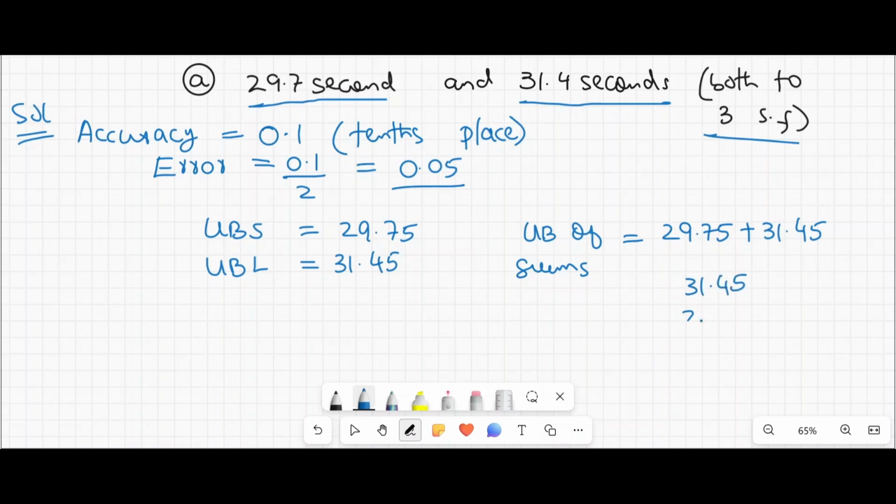Add these. 5 plus 5 you will get 0, 1 will go up. 1 plus 5 you will get 6... 1 plus 4 you will get 5, 5 plus 7 you will get 12, and 1 will go up. 9 plus 1 is 10, 10 plus 1 is 11, 1 will go up. So the sum of these is 61.20 seconds.